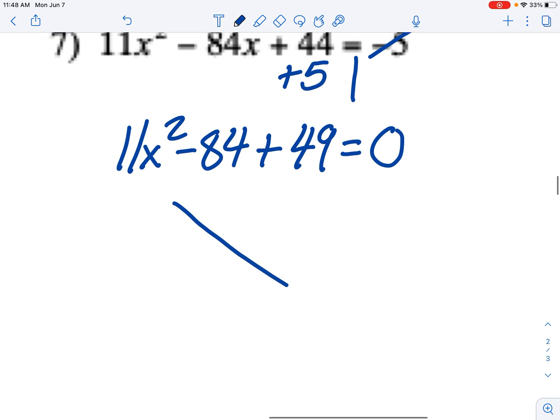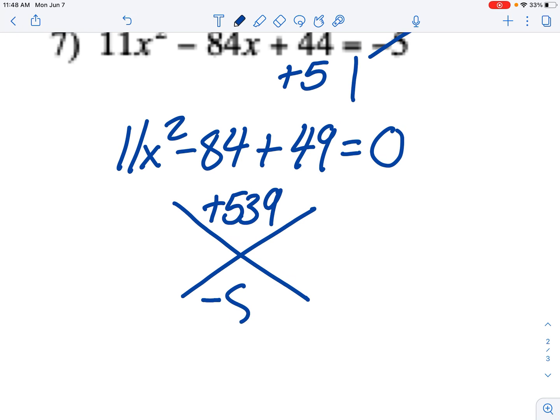So my X method says positive 539. And on the bottom, I get negative 84. Look at that. So what multiplies to give me 539 and adds to give me 84, right? So let's see.